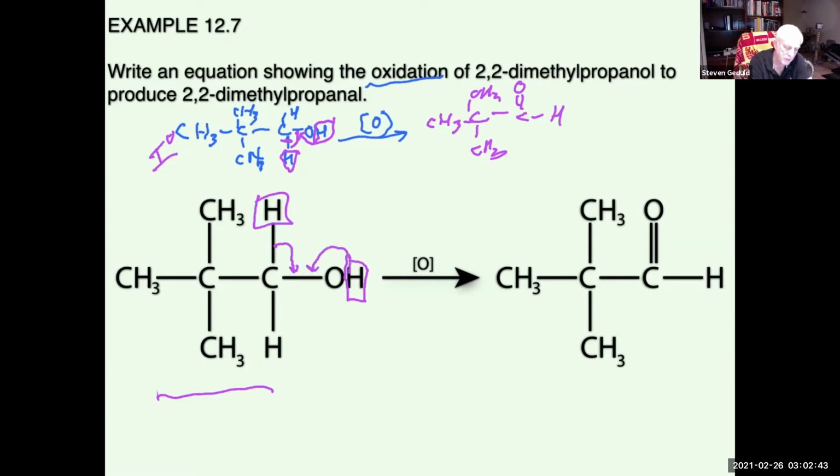And that forms our carbonyl group with our hydrogen and the rest of our compound. And this is 2,2-dimethylpropanal. It has an Al ending because it's an aldehyde. Okay. So primary alcohols oxidize to form an aldehyde, because it takes a hydrogen off the oxygen and a hydrogen off that same carbon.